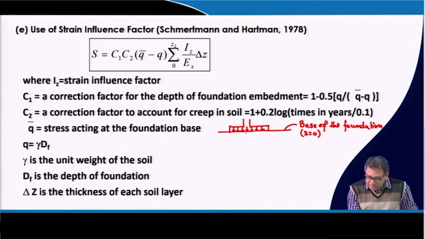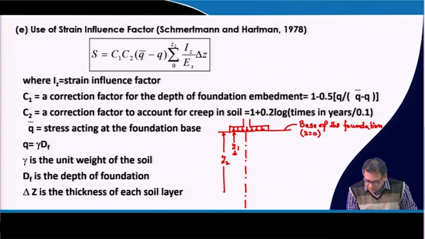Now, if this is the center line of the foundation or the loading area, we have two different z values given, one is z1 to draw the influence line, and another is z2. Here also the summation is given from 0 to z2.